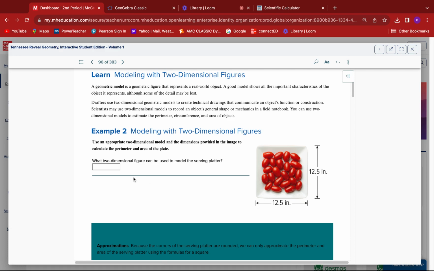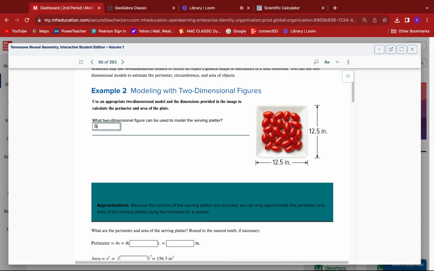Doesn't matter to me. So we calculate the perimeter, which means we're going to add up all 4 sides. So 12.5 plus 12.5 plus 12.5 plus 12.5, or if you're looking for a shortcut, 12.5 times 4, because they are all the same. You're going to get 50 for perimeter.